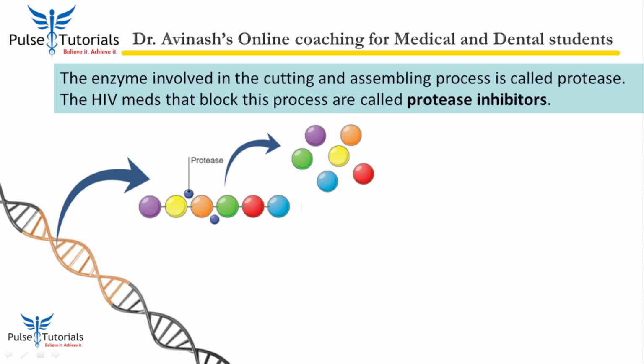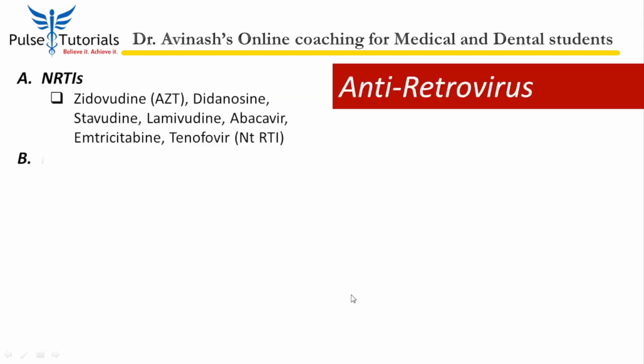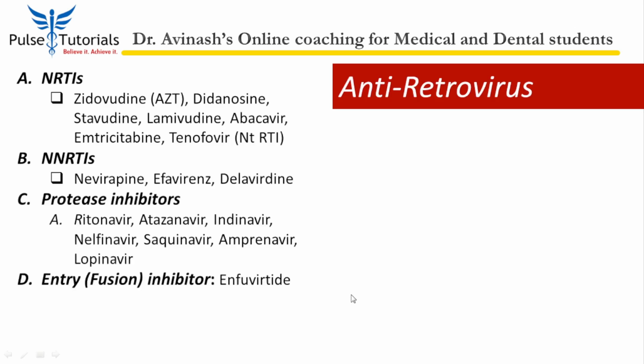Please remember as many of these medications as possible. Now once you have gone through this, trust me, half the battle is won. Now you already know the entire classification, and if you know the classification, you automatically know the mechanism of actions.